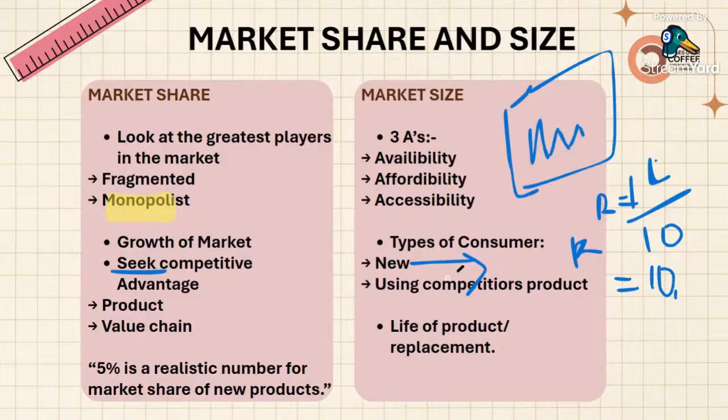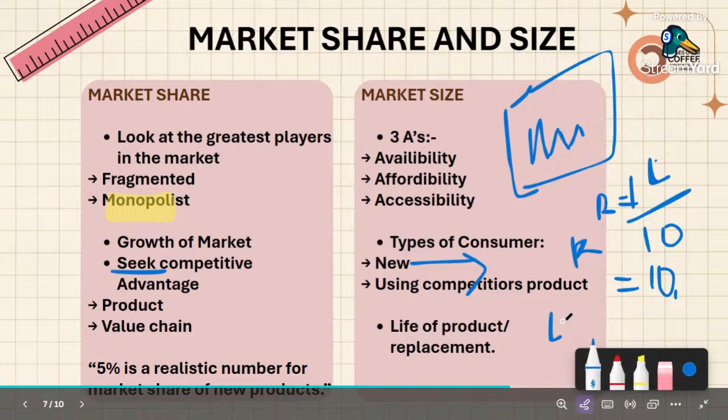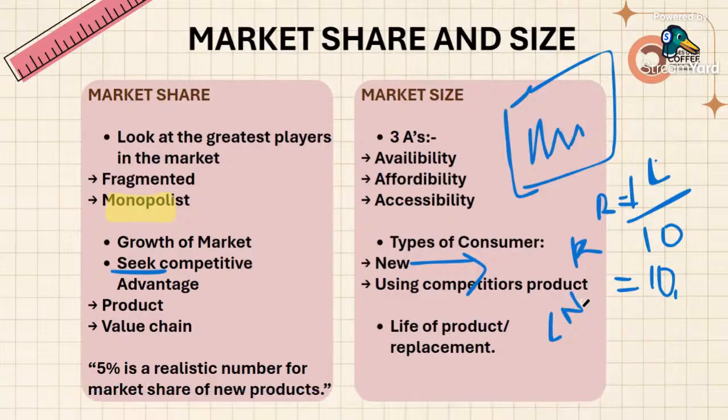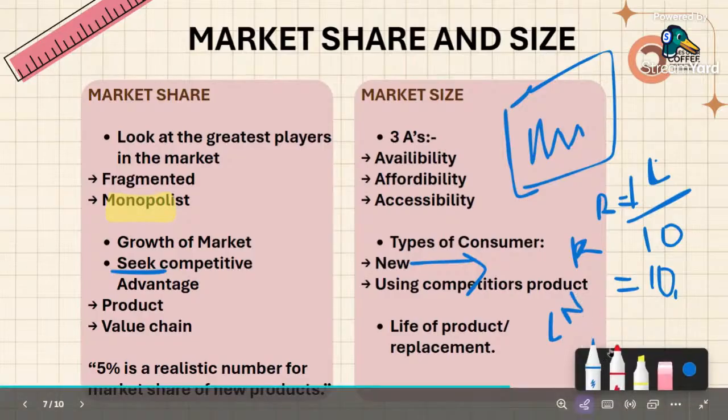Now in this case, we try to understand whether we have a new product or not. So when we try to calculate the market size, we will take the new refrigerators and the replacements into consideration.